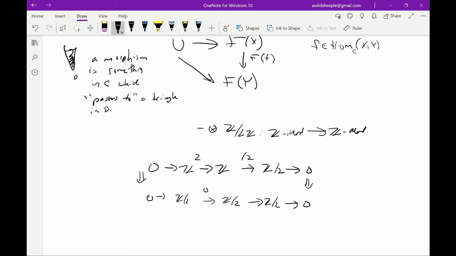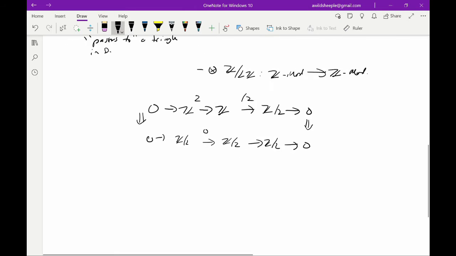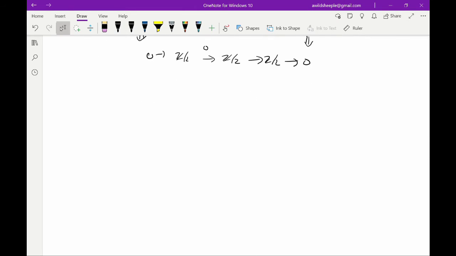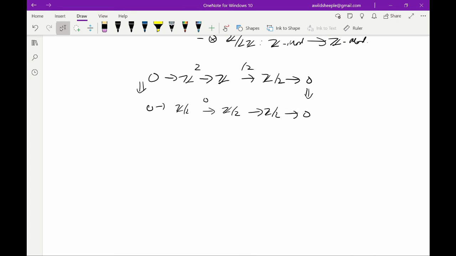And the point, what I'm trying to do here is show you what this has to do. What does this basic example have to say about this general definition? In other words, how do I translate this basic example into something where I can show that this example makes sense? So that's what we're going to do now. Okay, so let's fix a finitely generated abelian group. I guess I'm limiting myself to Z modules.